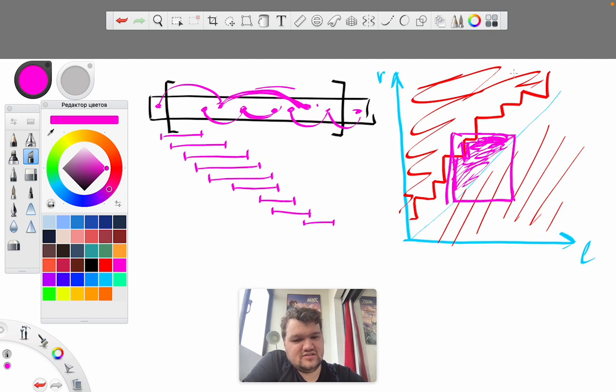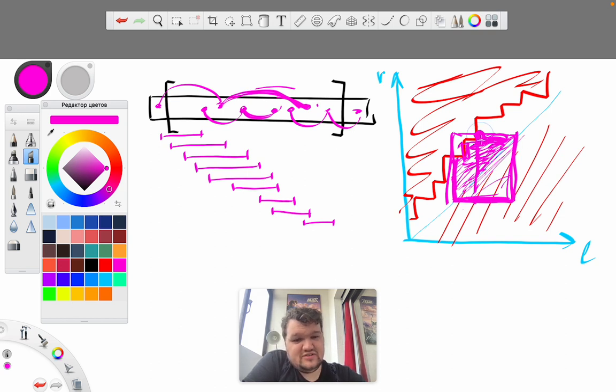This thing is increasing, so I can find this point with some binary search. Then I can calculate the area up to this point and then subtract that constant triangle.